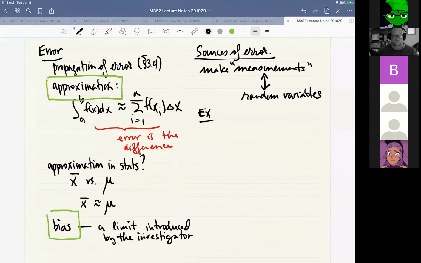I'll give you 20 seconds to choose and type something in, and then I want people to hit enter. And I'm going to expect 12 responses in that chat because everybody can come up with something. You don't have to have read the text. You just have to be here. What's an example of a measurement an investigator could make or study?